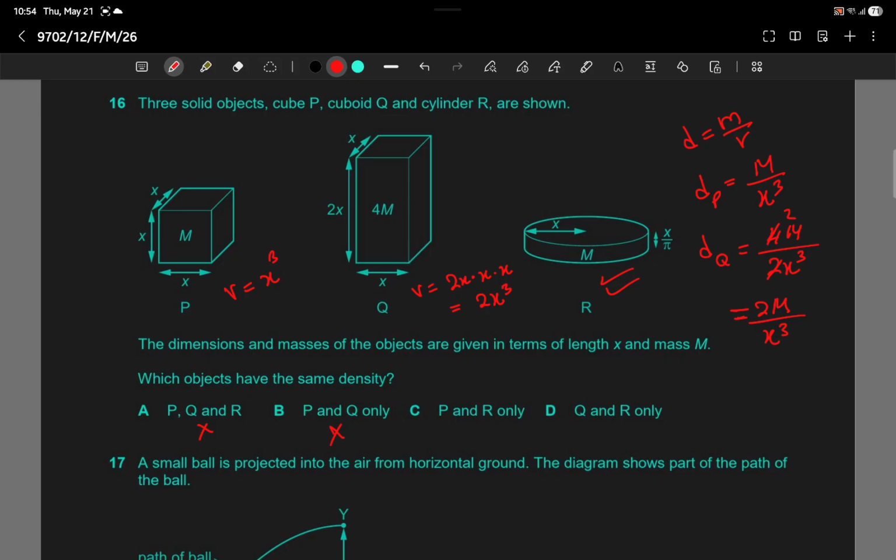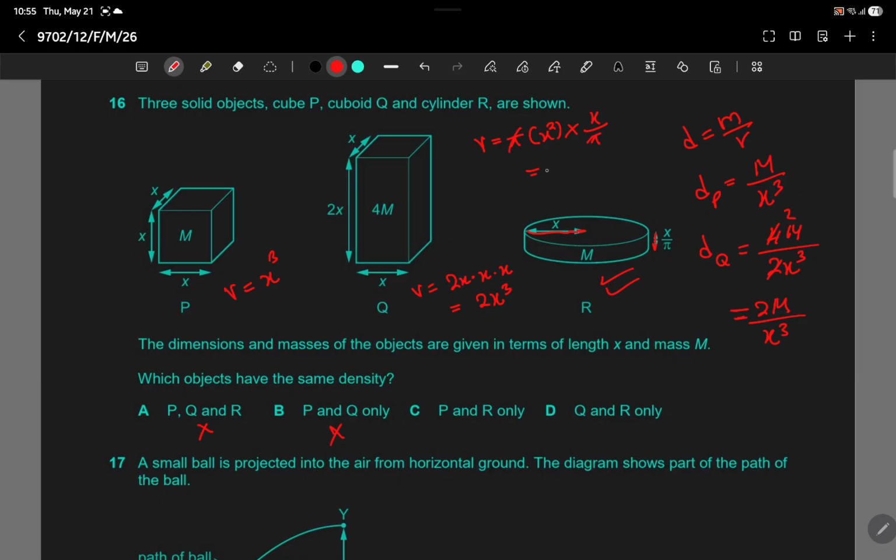So for R, x is the radius, this is the mass, and this is the height. So we can consider this as a cylinder. What is the volume of a cylinder? Cylinder volume is pi r squared h, which is x by pi.